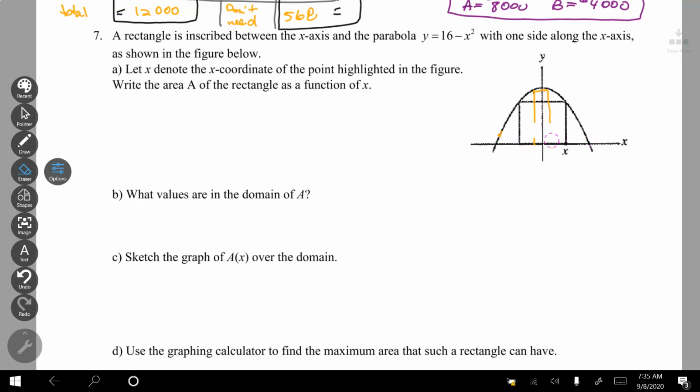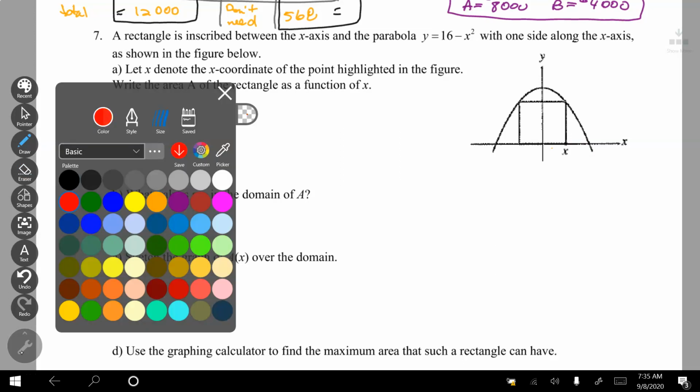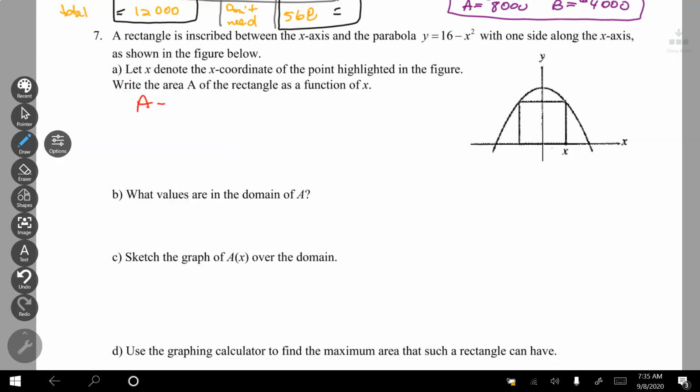So I'm going to erase all this. Area is base times height. Well, the base is this whole bottom side here. So if this is x, this whole base is 2x. So my base is 2x.